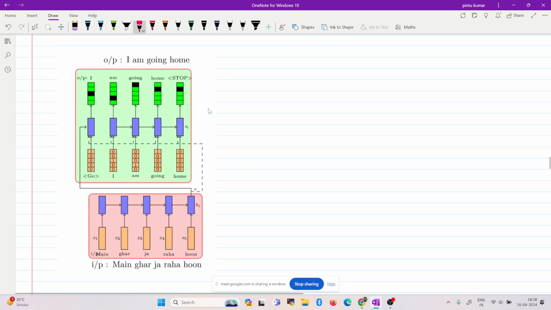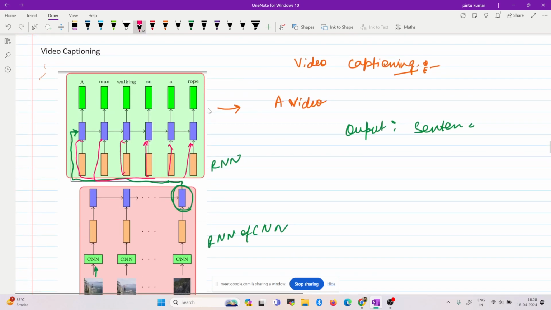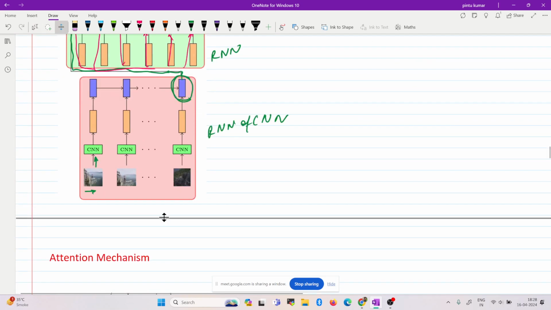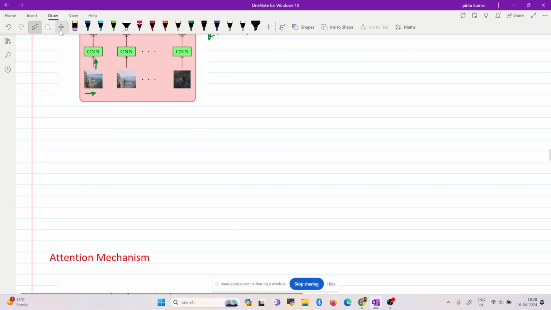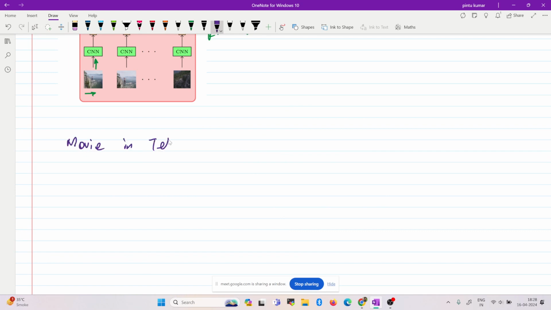So these are not the only examples that you can think of. There are many more useful examples that you see in real life. Let's say you have a movie in Telugu. There are many good movies in Telugu that a Hindi audience can't really enjoy because of the language barrier.